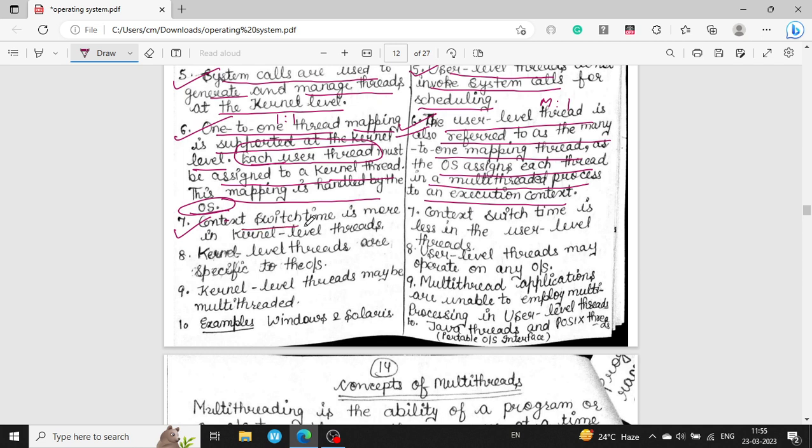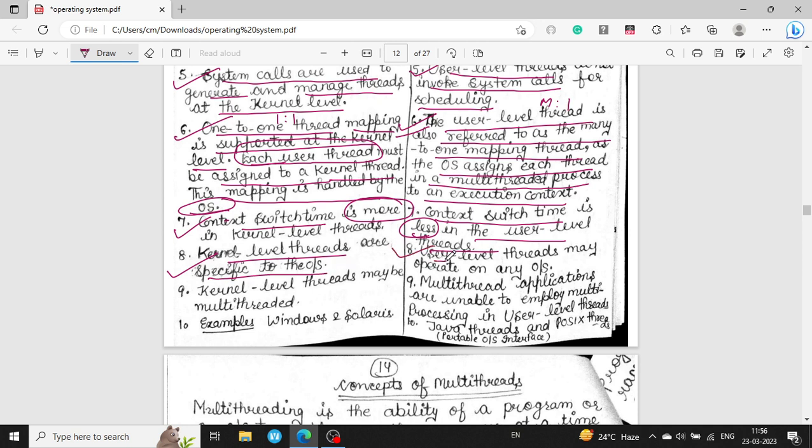Context switch time in kernel level thread is more, while in user level thread, context switch time is less. Kernel level threads are specific to the operating system.